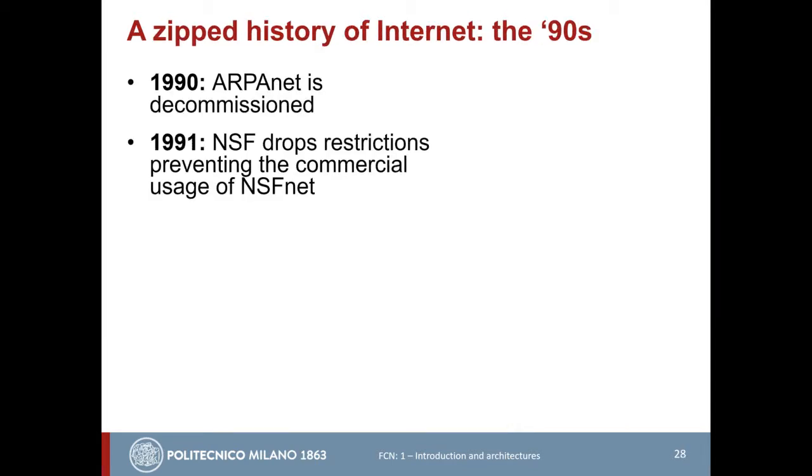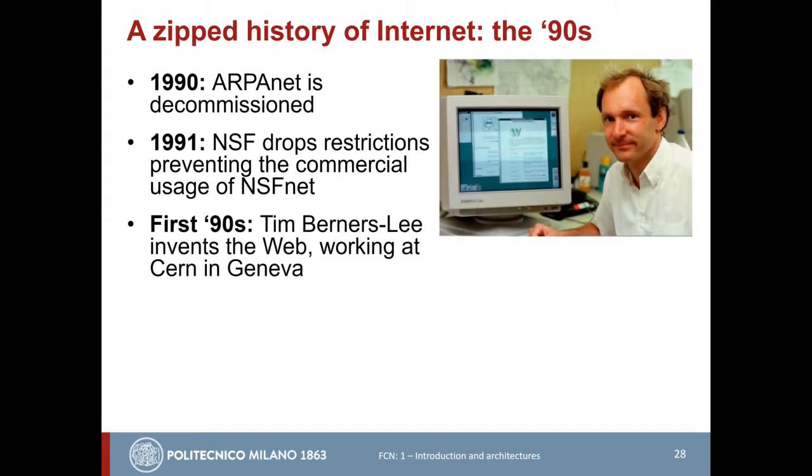Then in the 80s, the main revolution is the invention of the web by Berners-Lee, who was actually a British researcher at CERN in Geneva, and he invented this system to make it easier to exchange documents, in that case scientific reports, between people working in the same community.